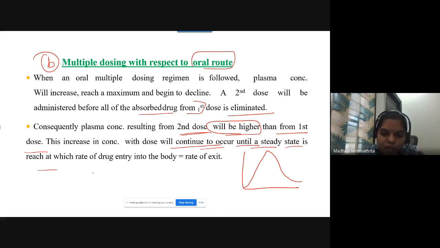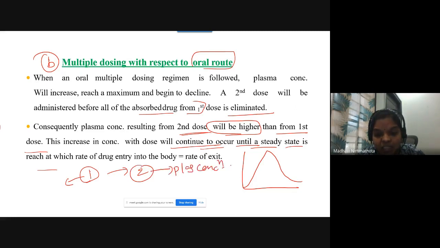See, when you take the first dose, the concentration will be the minimum. When you take the second dose, your plasma drug concentration increases. Up to what level is it going to increase? Until it reaches its steady state, it goes on increasing.